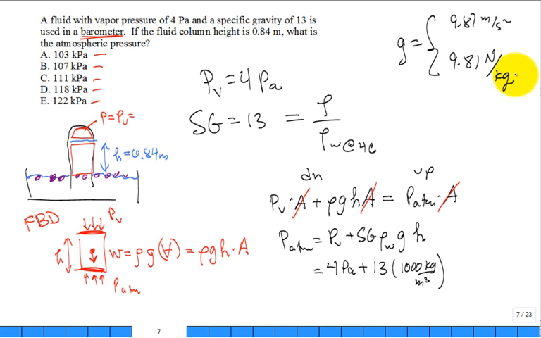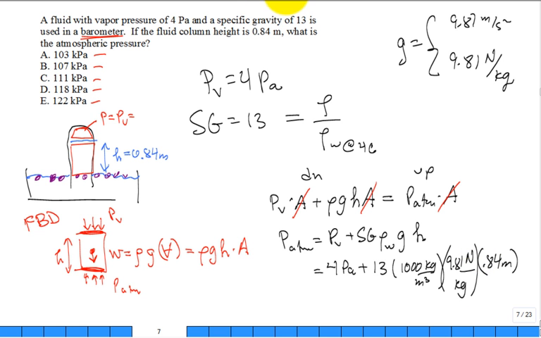So let's put 9.81 newtons per kilogram. I could have put gamma there, but I didn't. Sorry about that. A little faster. And then what do we have? 0.84 meters.